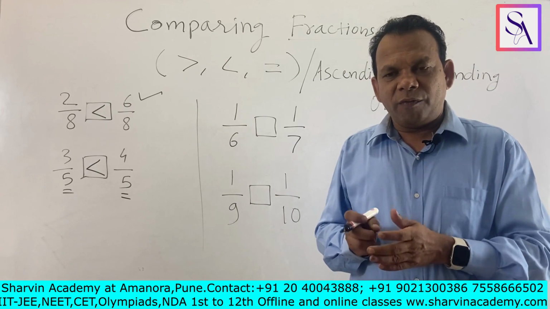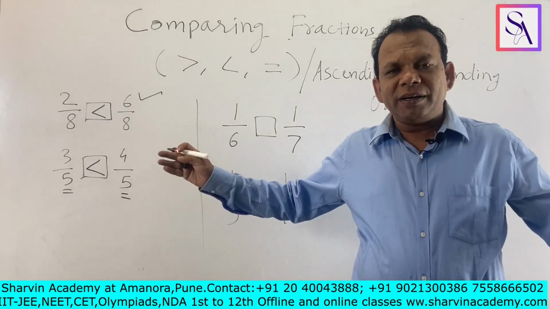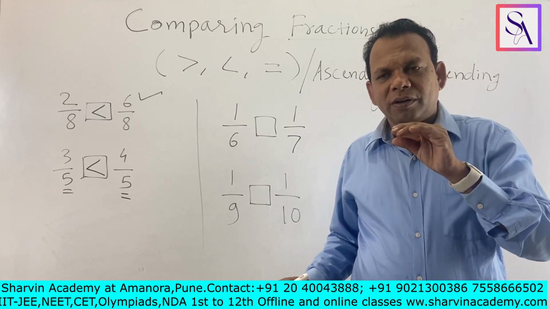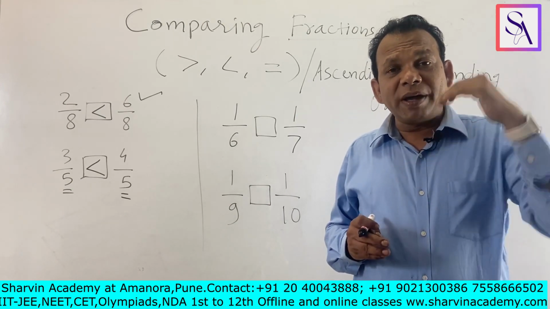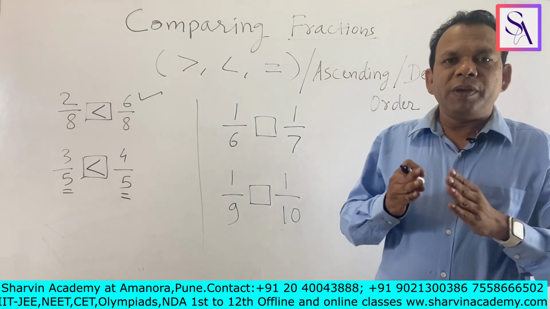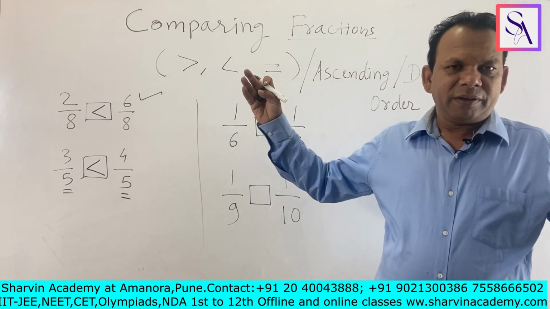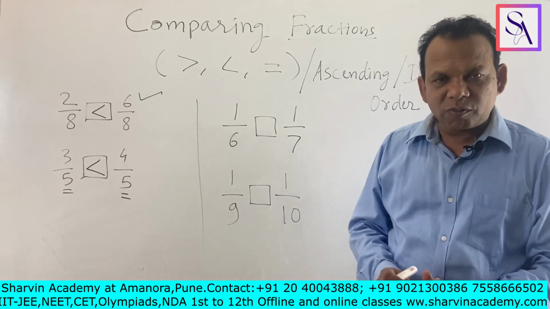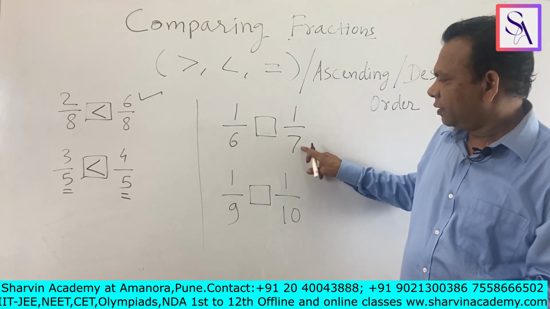So when we increase the denominator, fraction will become smaller, smaller and smaller. If we increase the numerator, top portion, then fraction will become bigger, bigger and bigger, right. Denominator is bigger, fraction becomes smaller, right.